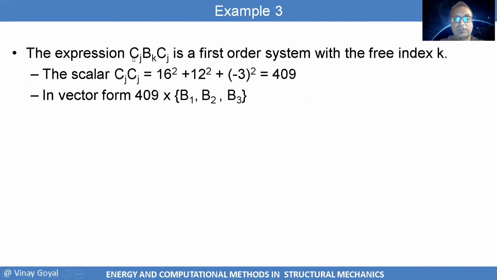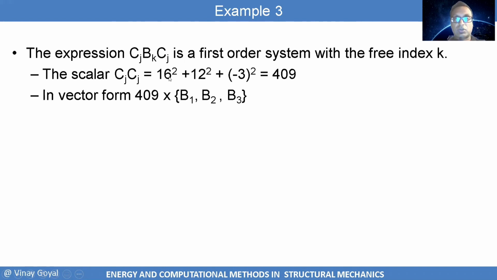Example 3, say I have C_j B_k C_j, that's a first order system. Why? Because j is repeated, but k is free. So then I will calculate the scalar C_j times C_j, which is really a summation over j. So here I get C1 times C1 plus C2 times C2 plus C3 times C3.